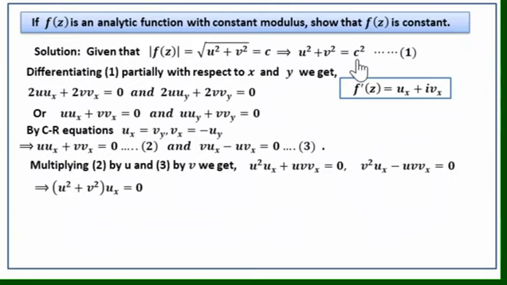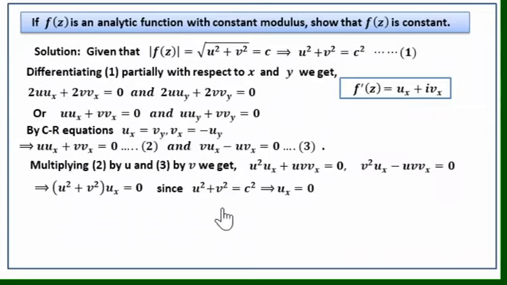Because if c square equals 0, that is u square plus v square equal to 0, then mod f of z is 0, which implies f of z equals 0, and 0 is a constant. So assuming c square not equal to 0, this implies ux equal to 0.